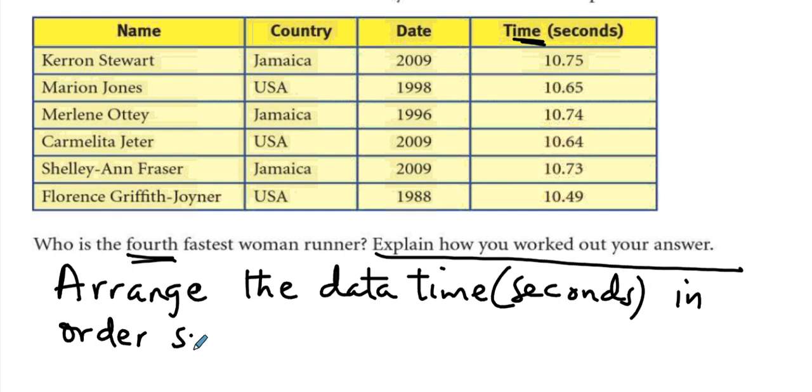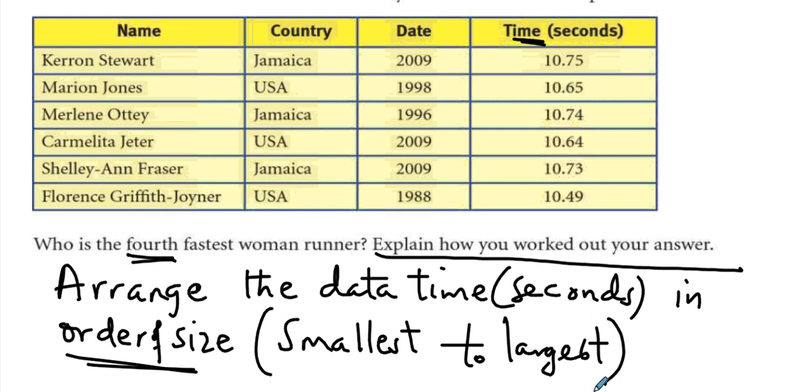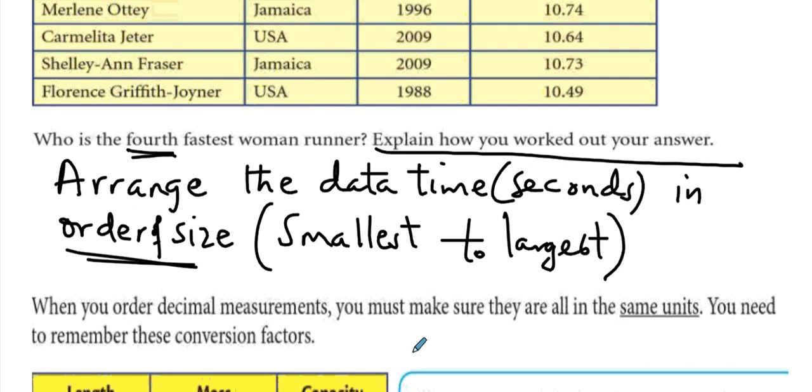Remember this vocabulary: order of size. Order of size means smallest to largest. So when they say order of size, it means what is the smallest and what is the largest.